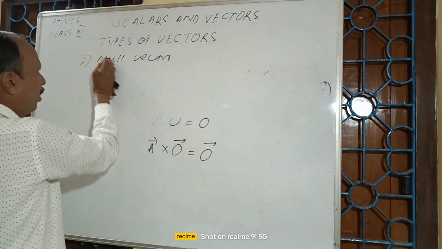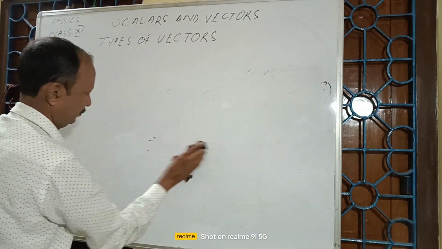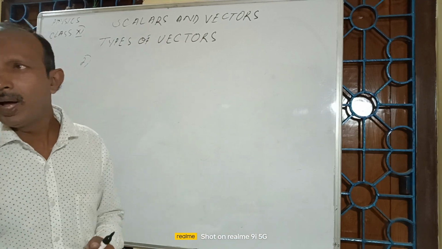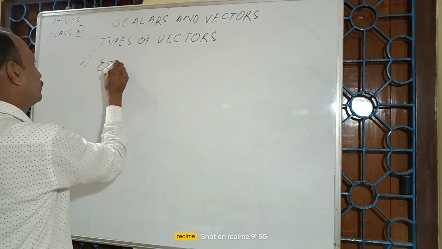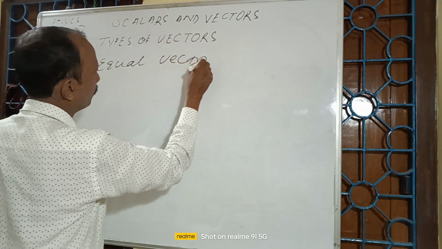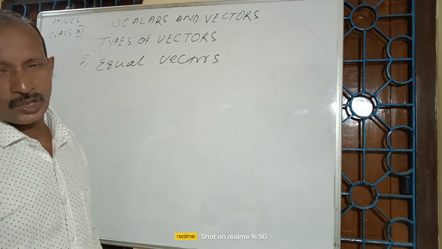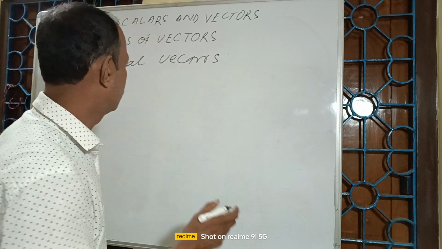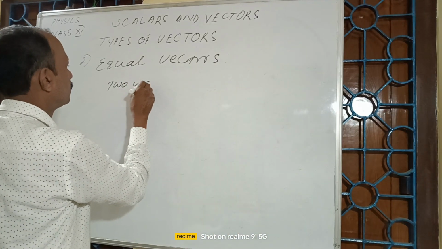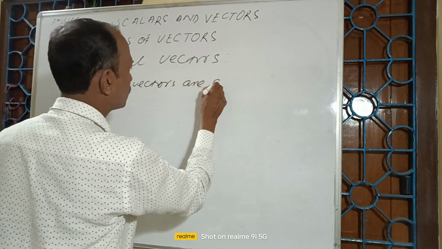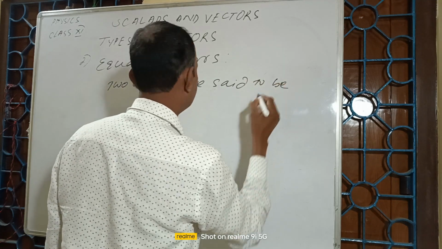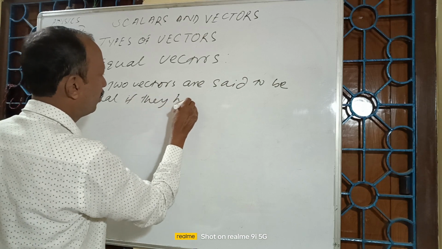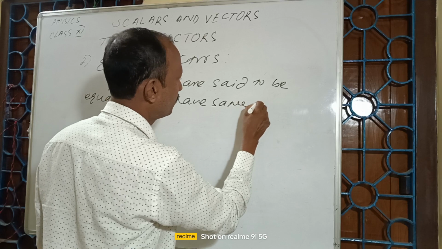Next one, equal vectors. Two vectors are said to be equal if they have same magnitude as well as same direction.